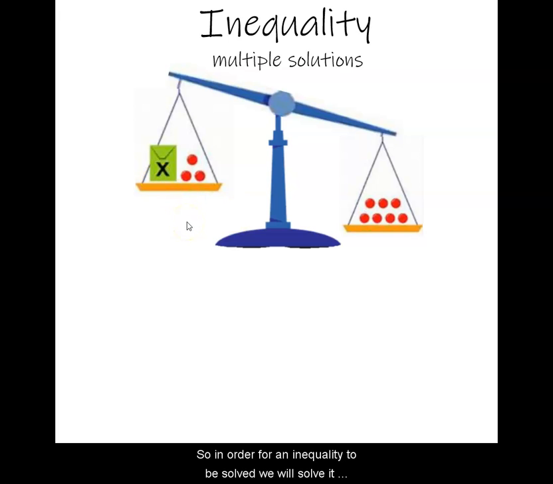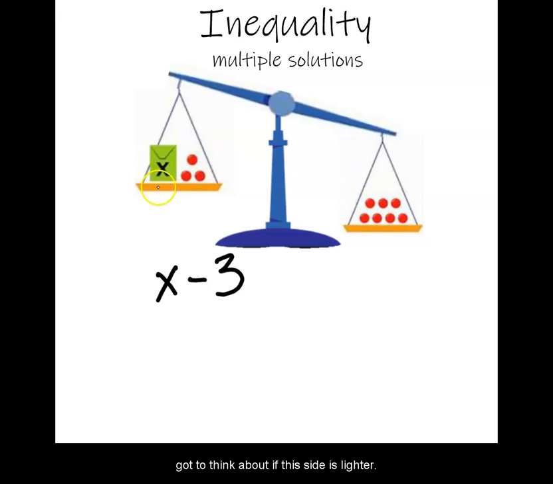In order for an inequality to be solved, we will solve it just like we do an equation. The only difference is there's going to be more than one solution. So we're going to solve it similar to how we did the equation, but this time we've got to think about if this side is lighter than this side, that means x minus 3 is going to be less than 7.